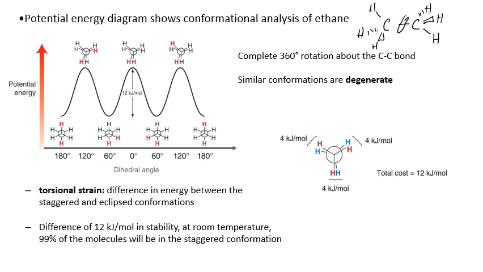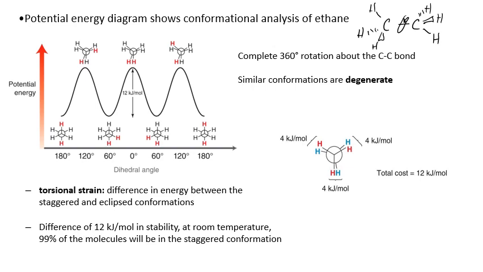As we rotate that bond right there, we're going to look at the different conformational states. So it might be helpful to pause the video and make a molecule of ethane with your model kit, and you could go through this rotation and see the different staggered and eclipsed conformations.